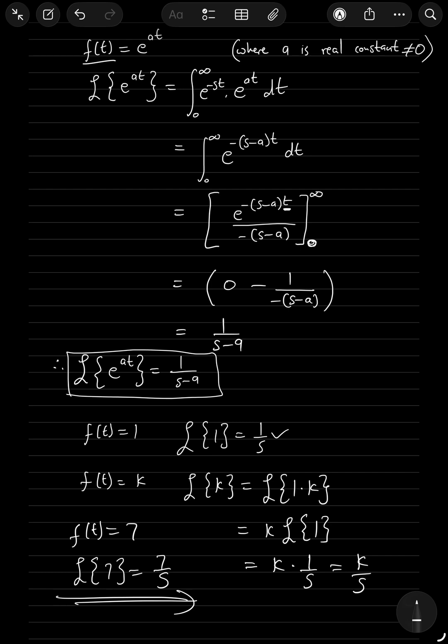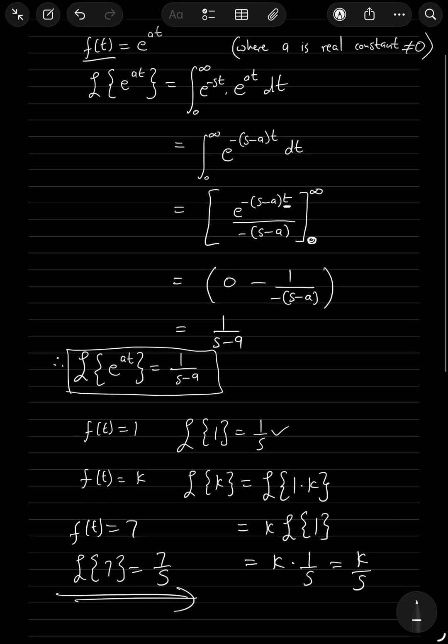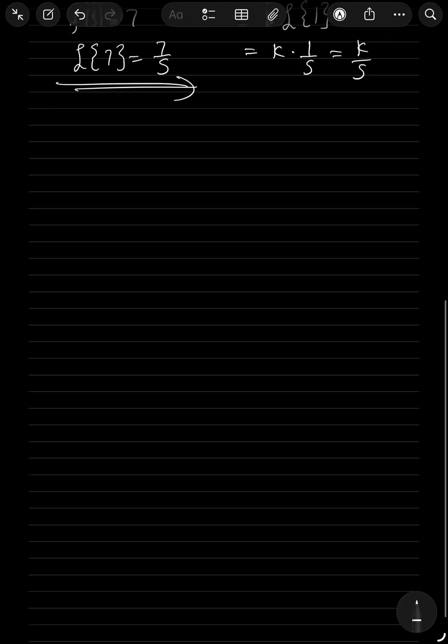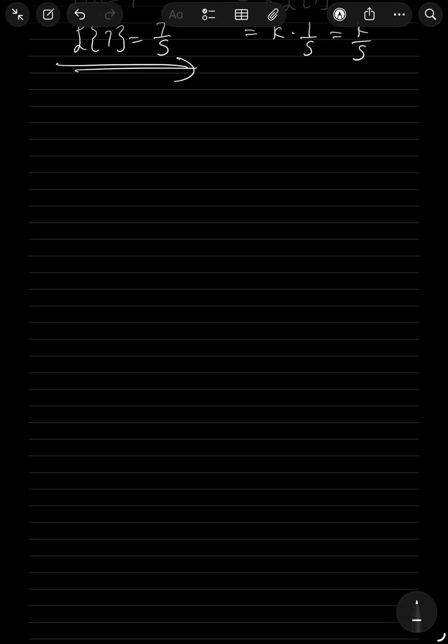Okay, now let's look at a trigonometric function. So you're going to find the Laplace of a trigonometric function. Let's say f of t is equal to cos at. Again, a is a real constant that is not equal to 0.